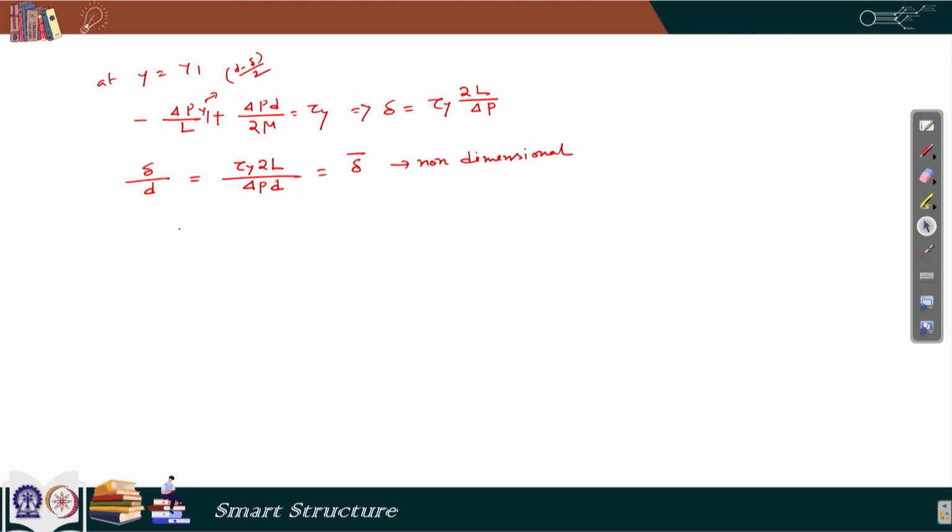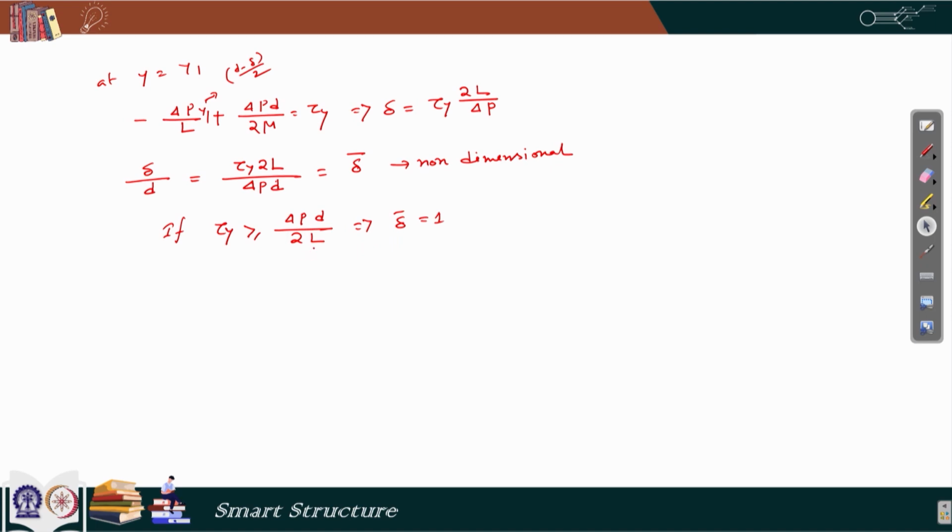In other words, if tau y is greater than delta p d by 2 L, that denotes that delta bar is 1, which means that with that yield stress no flow is possible.